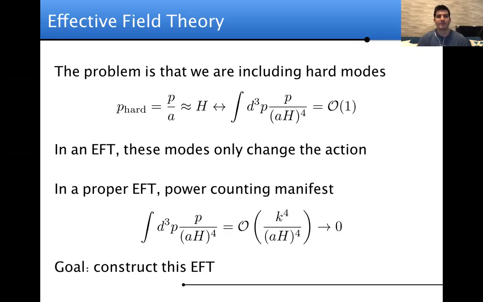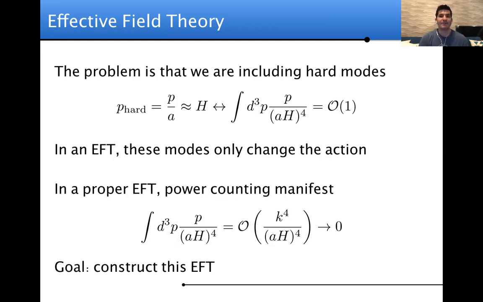But really, at some basic level, the problem is that we're including hard modes in these calculations. When we did that loop calculation, the dangerous piece of that calculation is the mode whose energy is parametrically the same as the cutoff, H. Now, in a proper EFT, we know that those hard modes should only be changing coefficients in the effective action.